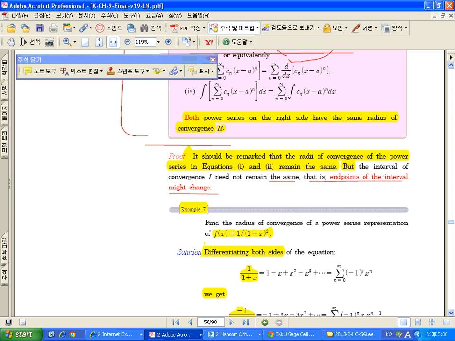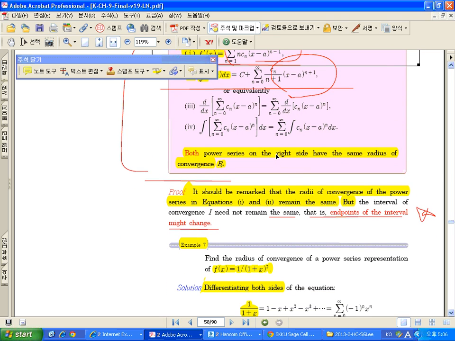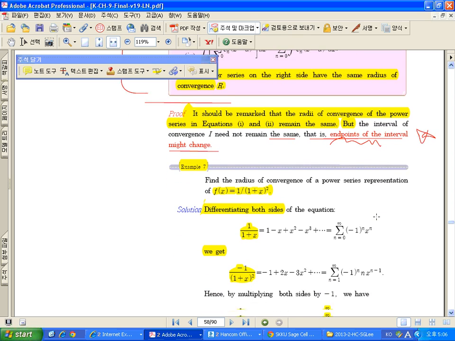So with those manipulations, the radius of convergence does not change, and the interval is the same except for those endpoints. The convergence can vary at the endpoints of the interval of convergence.